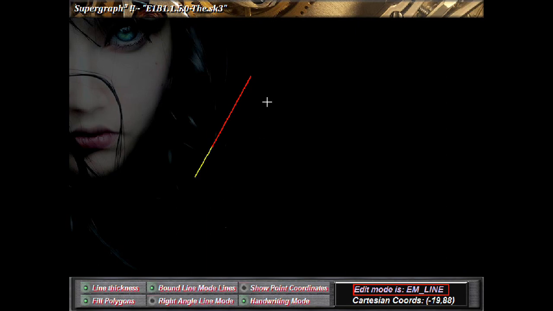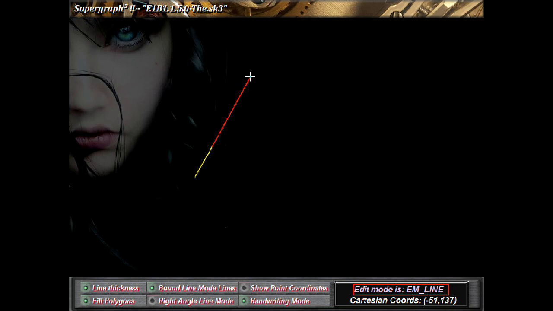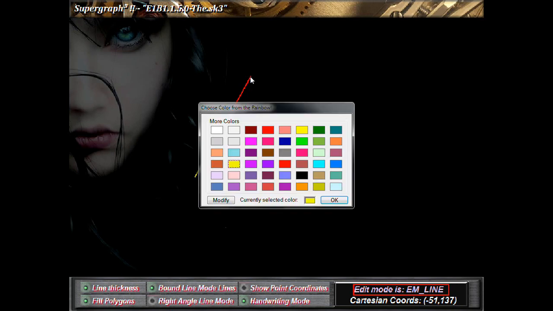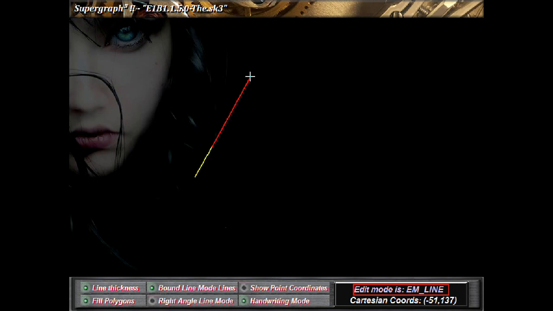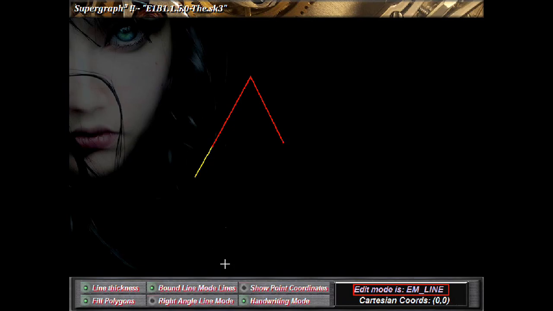Let's draw a rough diagram. Another red line by hypothesis equal in length to the first red line, and the blue line, which corresponds.